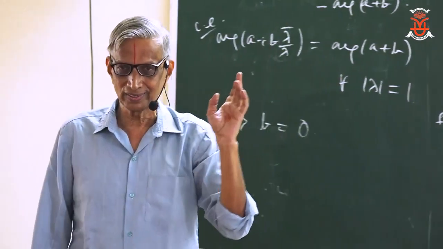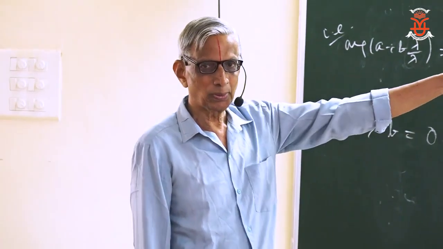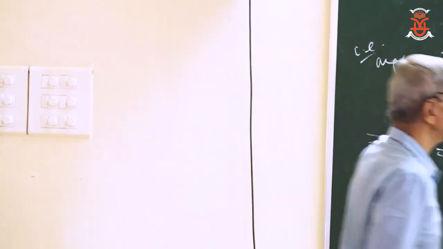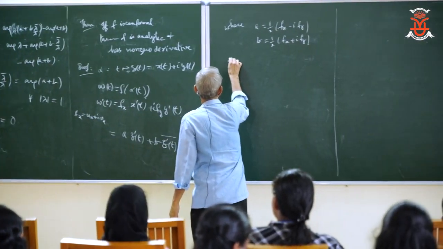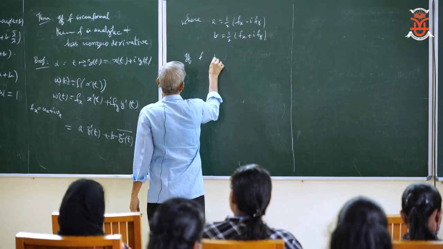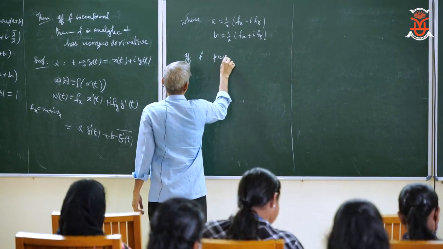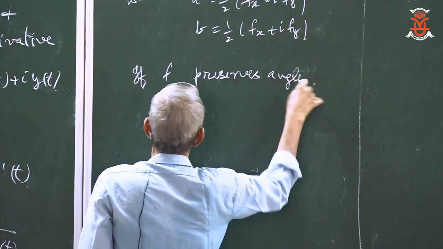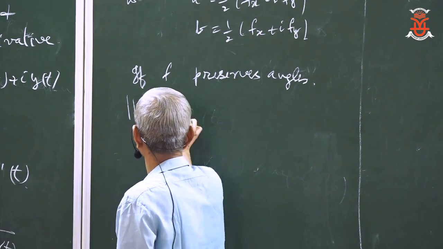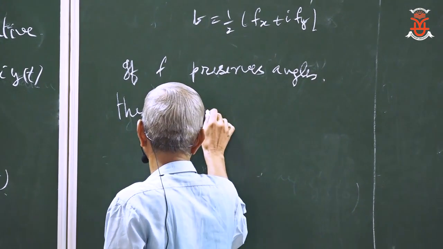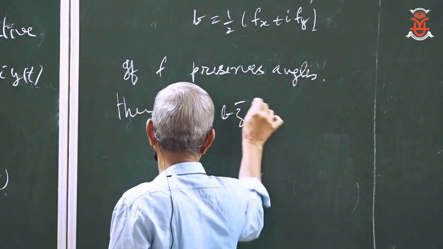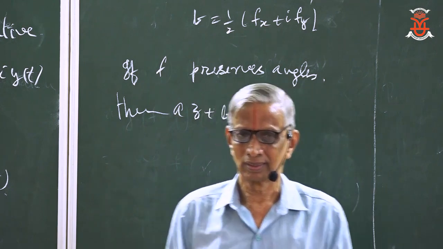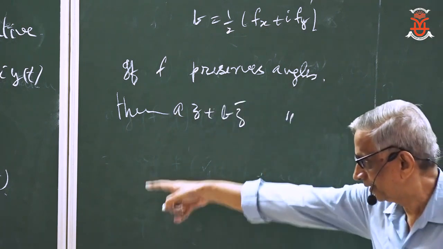That's going to preserve angles only when b is 0, that we have observed. So if f preserves angles, then a is at t, where a and b are like this.